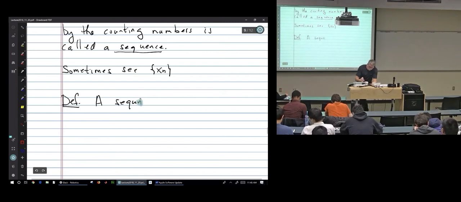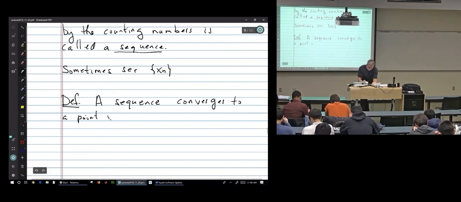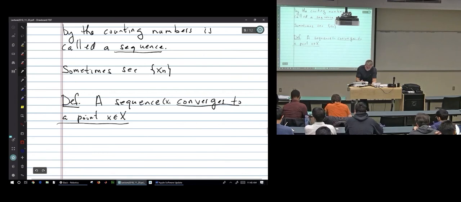A sequence converges to the point x in X. I'm going to give that sequence a name, x_n.